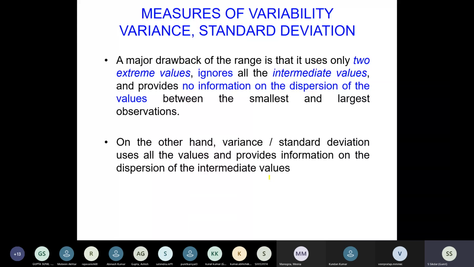And one more thing, as you know, standard deviation and variance are squares. So standard deviation cannot be a negative value, and variance cannot be a negative value. They are bound to be positive, whereas your mean and median can be negative.